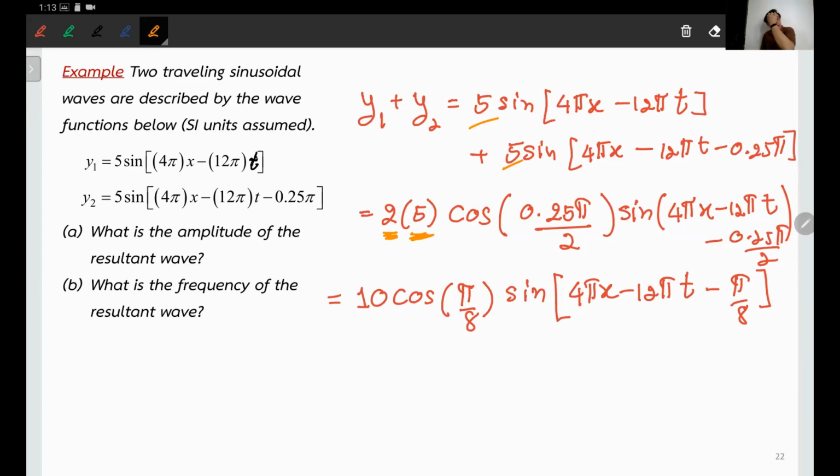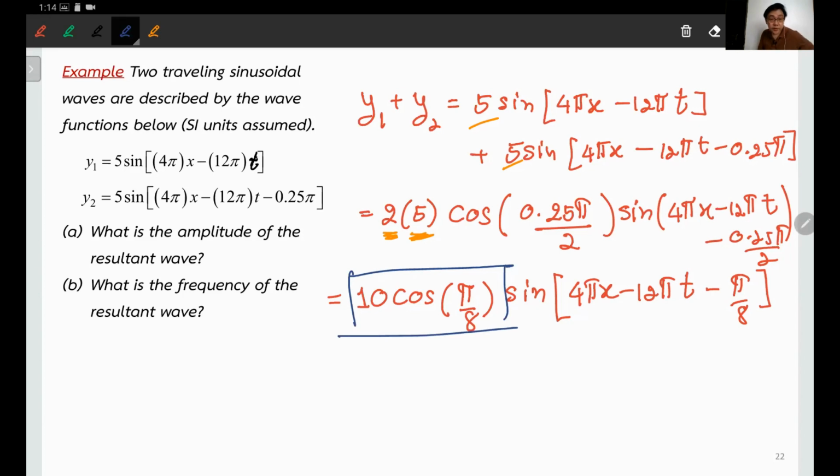Okay. So what is the amplitude? After completing this summation, everything goes back to the question of reading the sinusoidal wave function. You guys still remember from the previous lecture. If you are given this last line here, and I'm asking what is the amplitude of this sinusoidal wave?